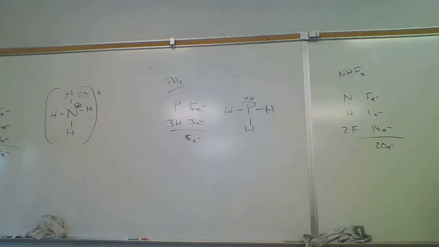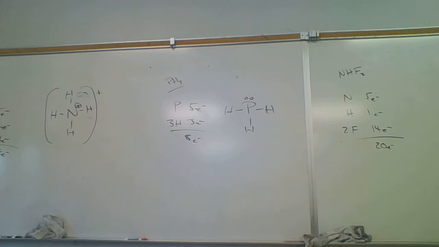And so we'll put nitrogen in the center here, and then we'll attach a hydrogen and 2 fluorines to it. And then we're going to complete the octet. So we'll complete the octets to fluorine first because it's the most electronegative. And then we'll complete the octet to nitrogen last. And so everybody has an octet except hydrogen, which has a duet.